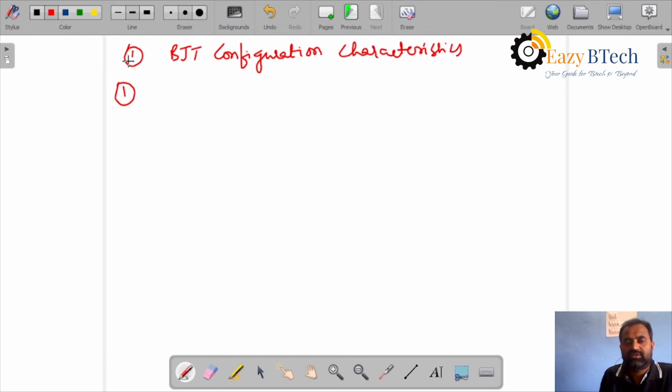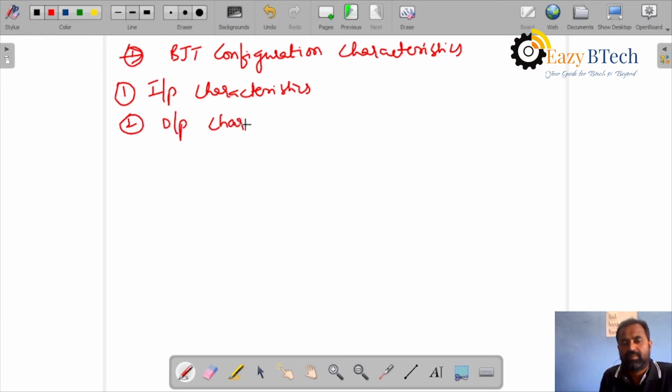Those are, first one is input characteristics, second one is output characteristics. Input characteristics and output characteristics.